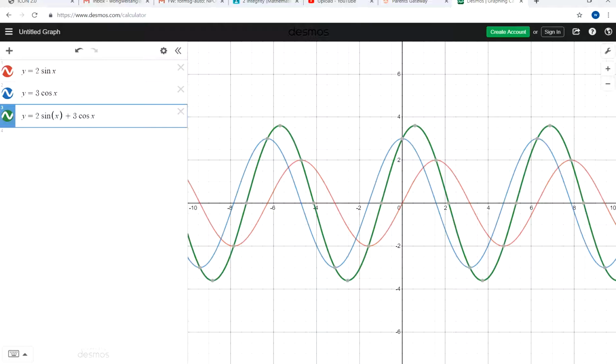Of course, the amplitude is different now. Similarly, for the cosine graph, this blue color one, I can also shift it to the right. Then I get a similar shape already, isn't it? My point is, your sine graph and cosine graph are related by shifting them to the left and to the right. They are the same, as long as you shift them to the left and right.